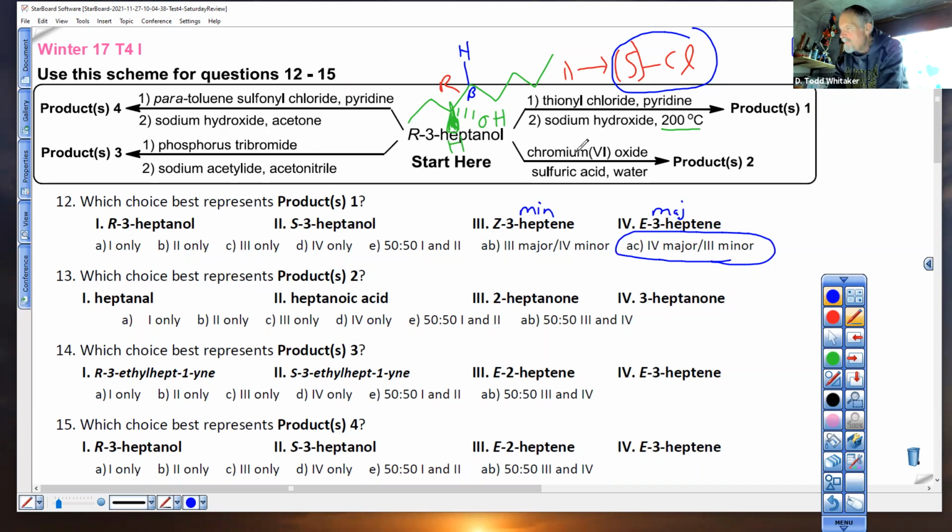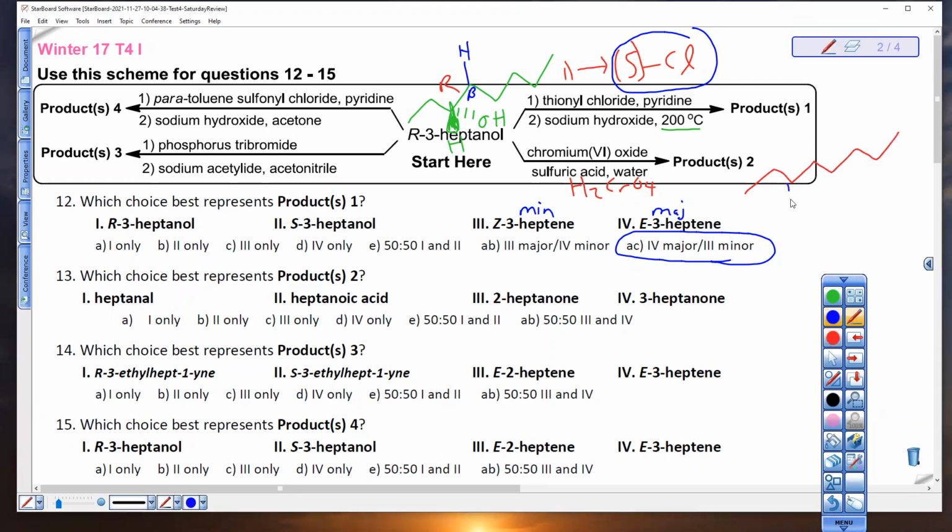Now this one I'm just testing to see if you know what happens with chromic acid, because chromium 6 oxide reacts with sulfuric acid and water to make H2CrO4, chromic acid, and secondary alcohols with chromic acid become, yes, ketones.